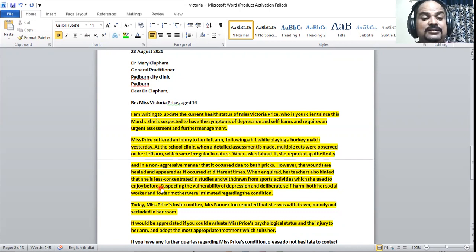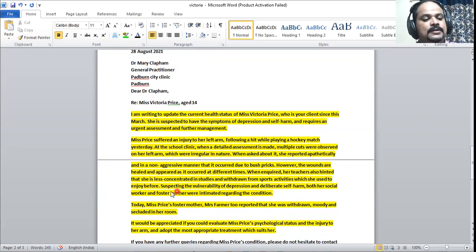So this is the sign of depression. The previous is the sign of self-harm. Suspecting the vulnerability of depression and deliberate self-harm, both her social worker and foster mother were intimated regarding the condition.